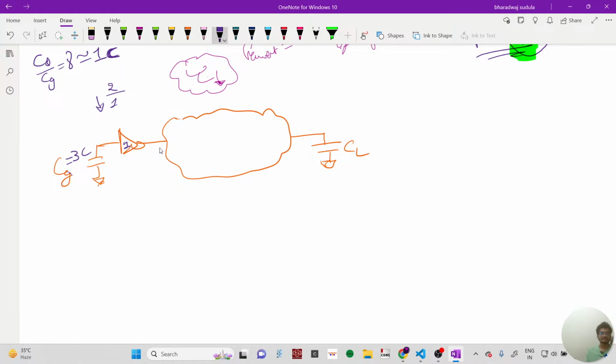So for simplicity, let us consider a chain of NOT gates. I don't know how many, there are n number of NOT gates in the chain. So I'll draw this again.